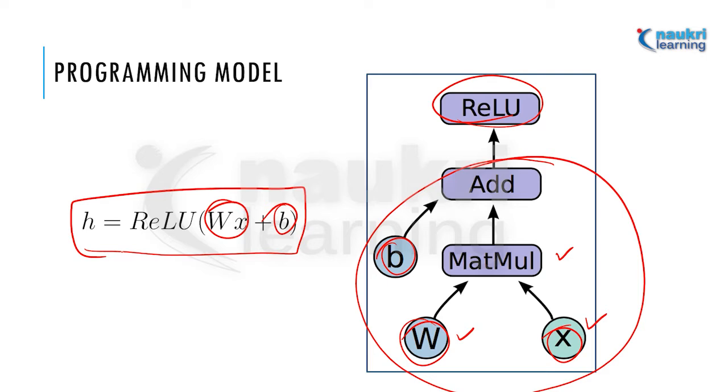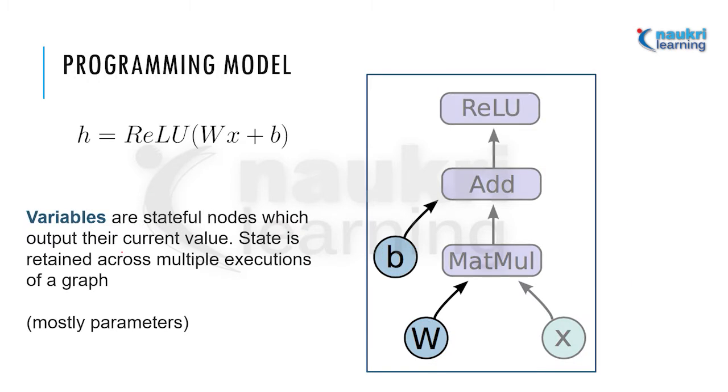If I want to completely break down what is happening and how we are going to train and represent these kinds of parameters while working in this TensorFlow library, we will be working with variables. Now, variables are nothing but stateful nodes which output their current value. So these are called my variables.